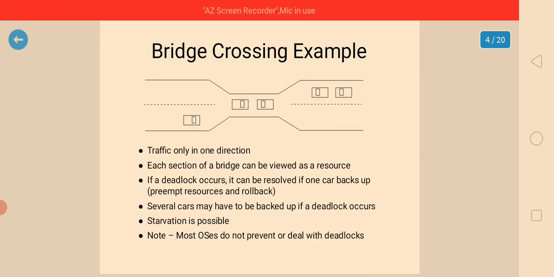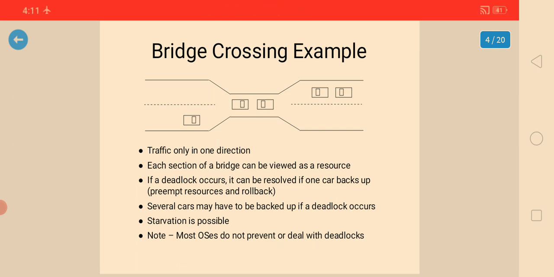Here is one more example of deadlock: the bridge crossing. Some vehicles are passing over a bridge, but in the middle there is a very small bridge where only one vehicle can pass at a time. In this diagram, two vehicles are coming in front of each other.